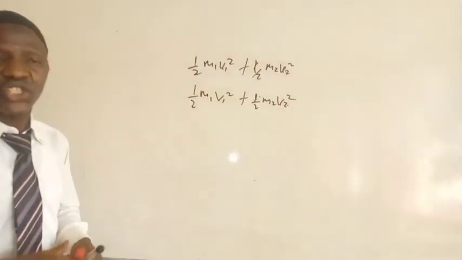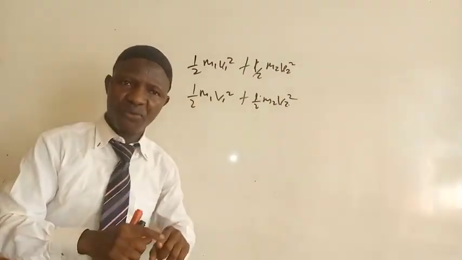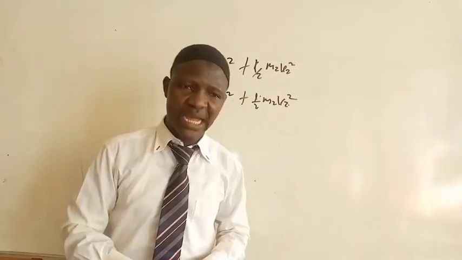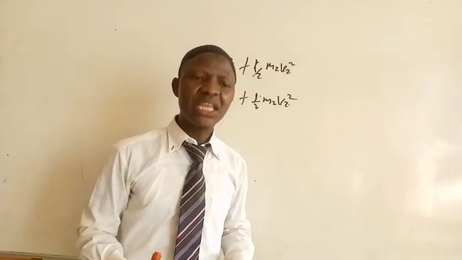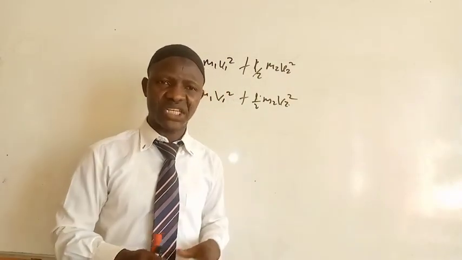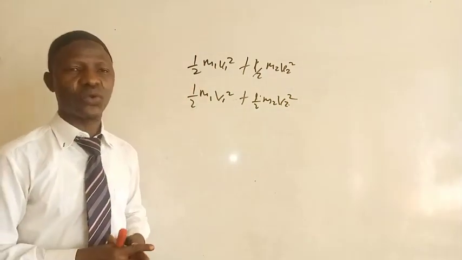That is, the sum of the kinetic energy of the two bodies involved in the collision must be equal to the sum of kinetic energy of the two bodies after collision. If the two are equal, you can finalize that the collision is elastic collision. Otherwise, we call it inelastic collision.